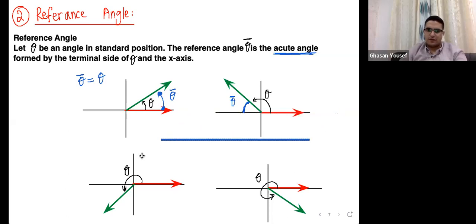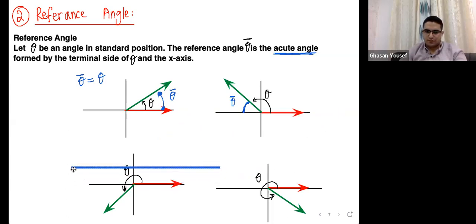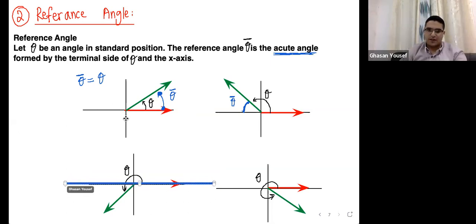Now for the third one. Again, this is my x-axis, and this is my terminal side. The acute angle is this, from here to here. This is my reference angle.